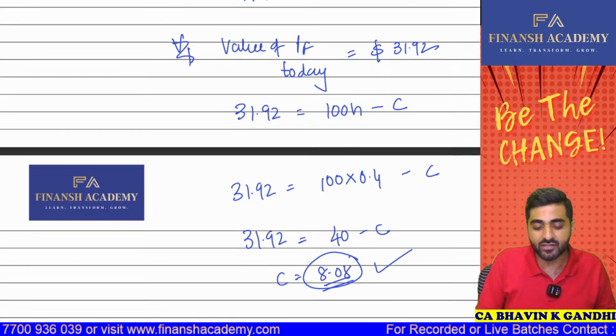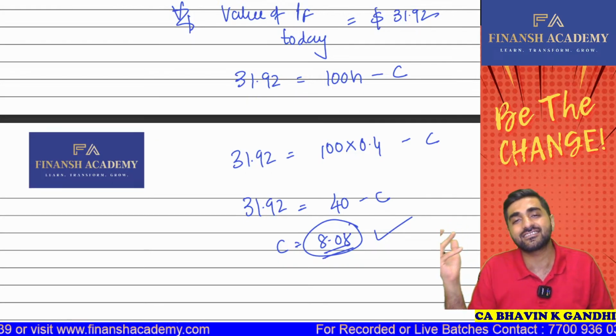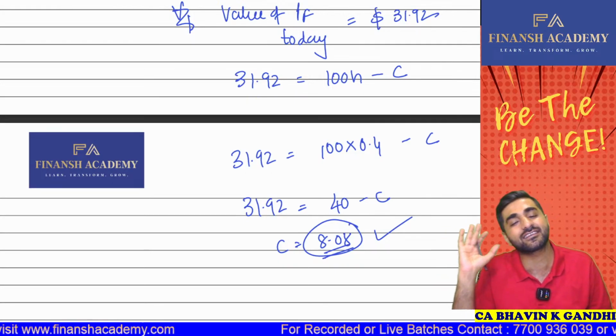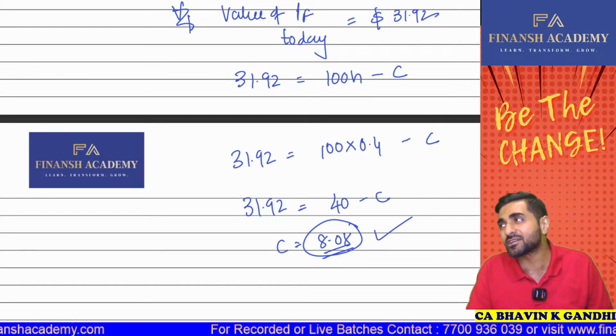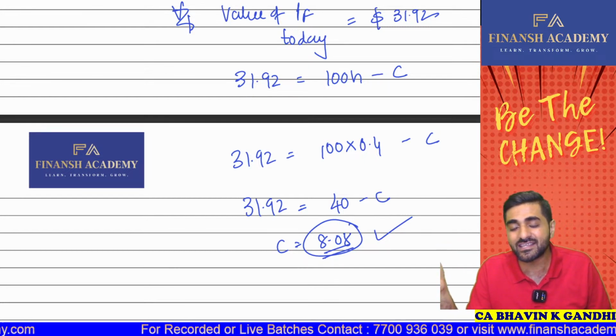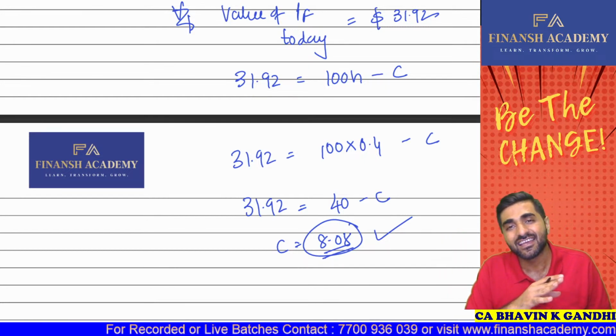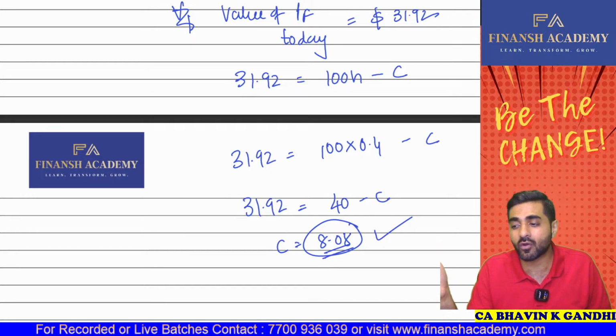So is this the value of your call option today? Come on, yes or no? Then the answer is yes. See, very easily we can do it under the riskless model with the help of the hedge ratio. Then we calculate the value of the portfolio towards the end. Once we get that, my dear students, we can very easily calculate your H and the value of the call option.